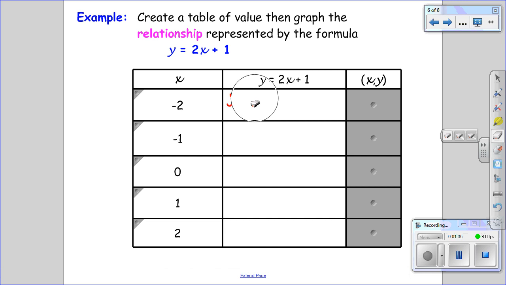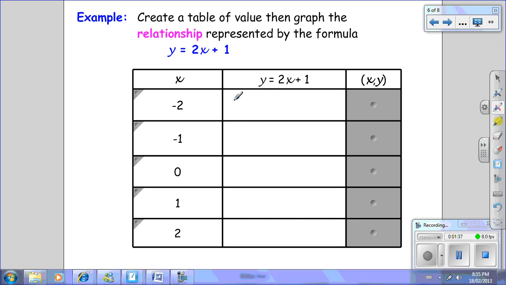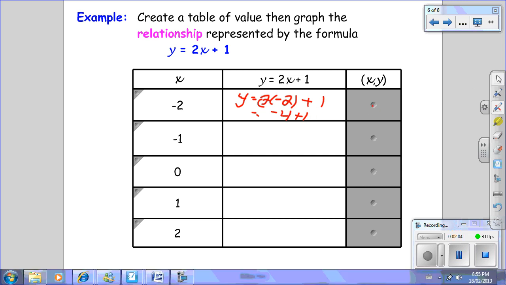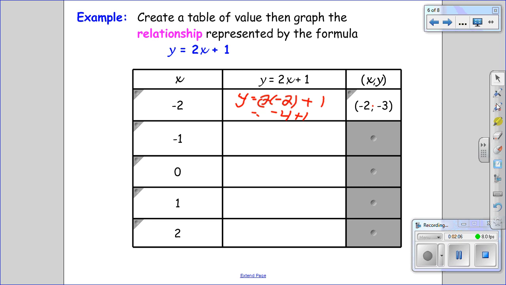That's not very neat, so we'll do that again. y equals 2 times -2 plus 1, and that's -4 plus 1. I have more negatives than positives, so I subtract them and keep the sign on the larger number, which is the negative, so it's -3. And my ordered pair will become -2, -3.